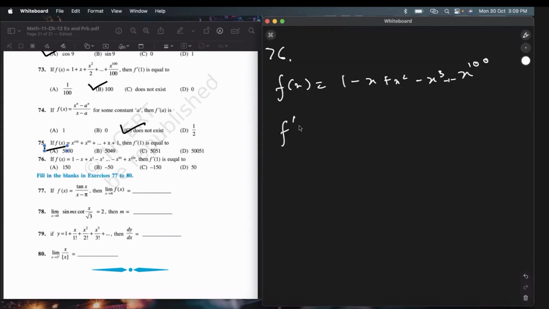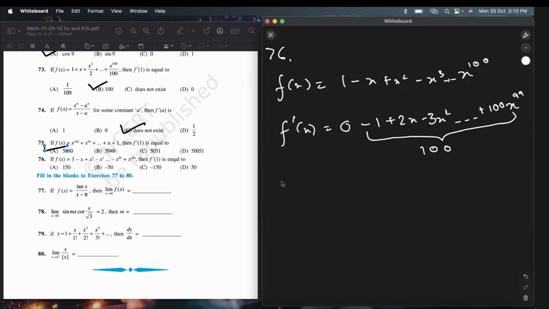Now if I try to find f dash of x, it will give me this: minus 1 plus 2x minus 3x square, and it goes on till plus 100x raised to the power of 99. So these are 100 terms.